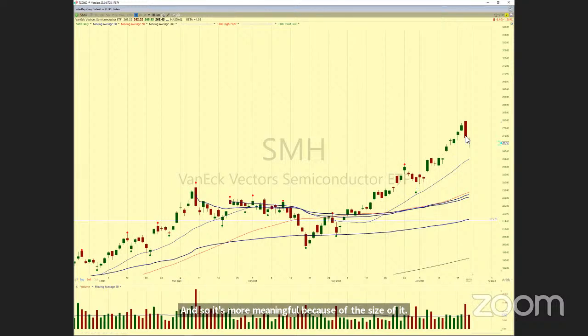Not only did it gap above, it then traded well below. It didn't gap up and close at the top of that bar.